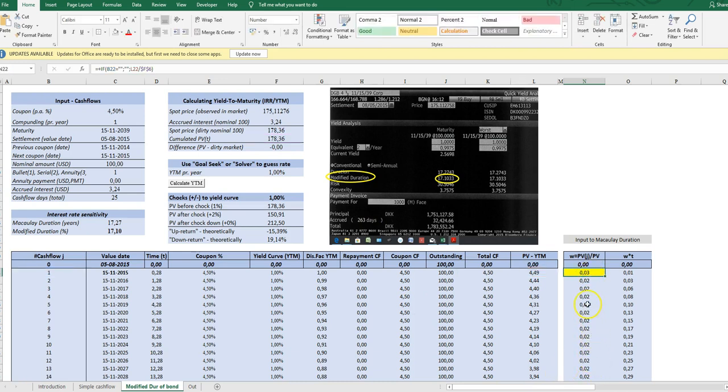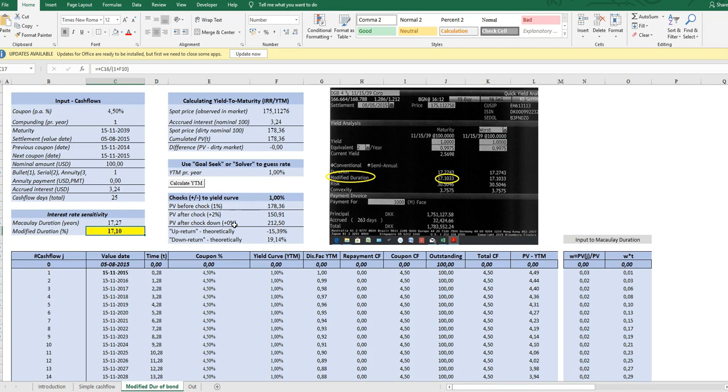Clearly it sums to 100%. We scale it by the time, and that will give us the final Macaulay duration. So over here I have the sum of all the relative weighted times.